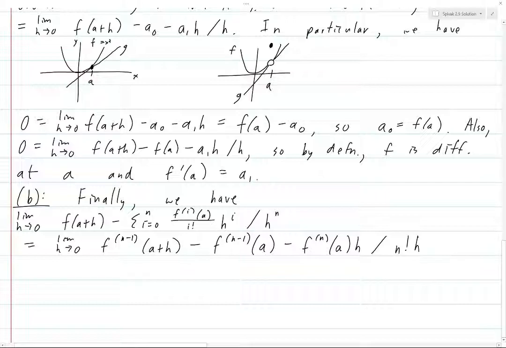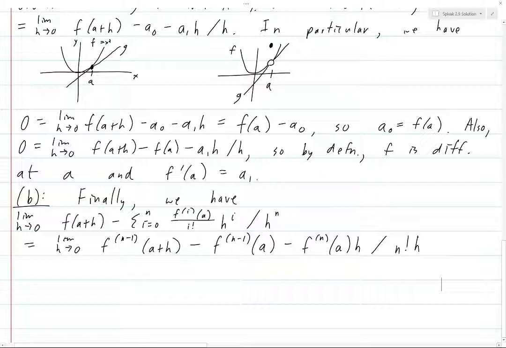And that is 0 because f is n times differentiable at a. So the n minus 1 derivative of f is itself differentiable at a, and its derivative is the nth derivative of f at a.